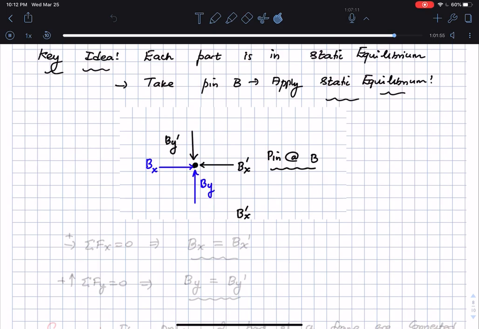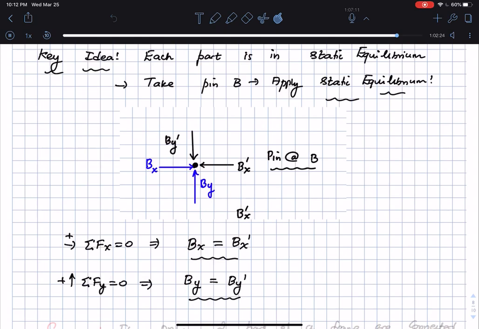So the sum of all the forces in the x direction is equal to 0. This implies that Bx is equal to Bx prime. If I sum all the forces in the y direction and set that equal to 0, I get By is equal to By prime.